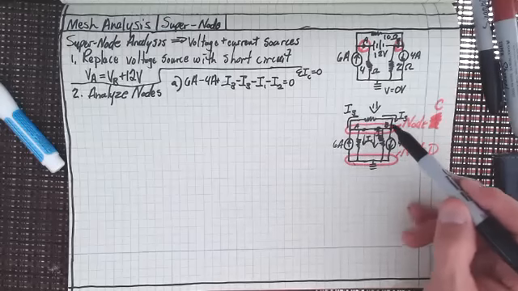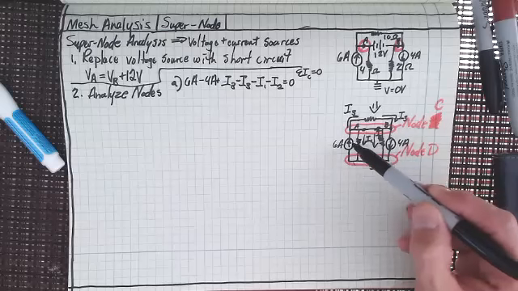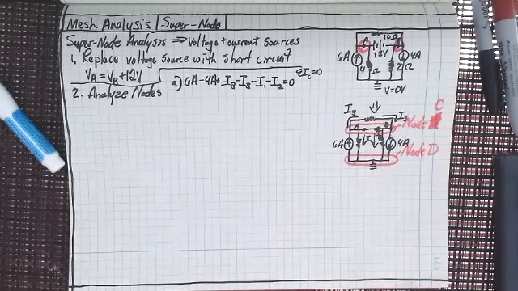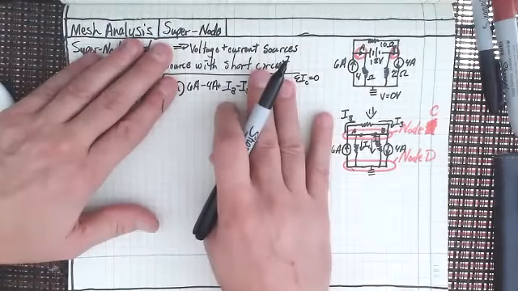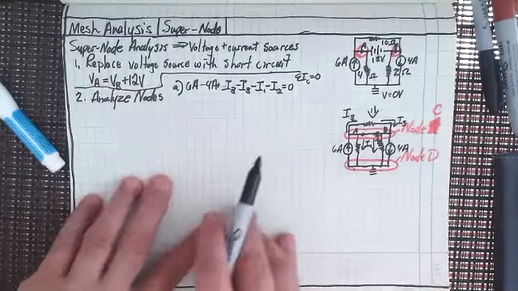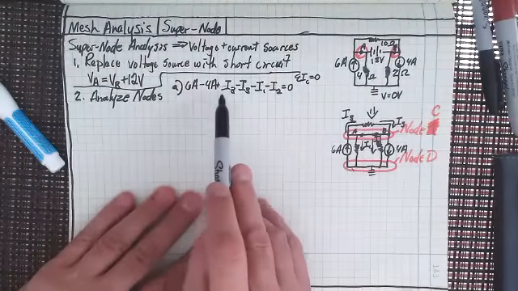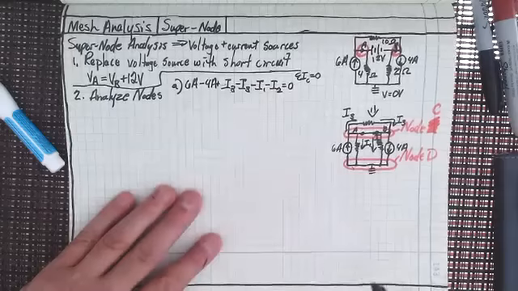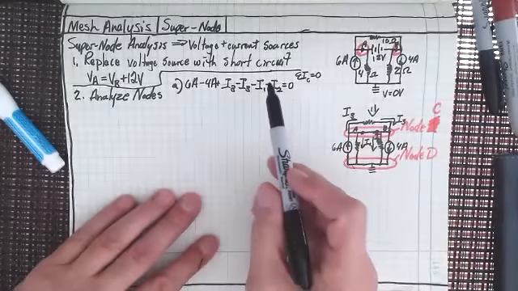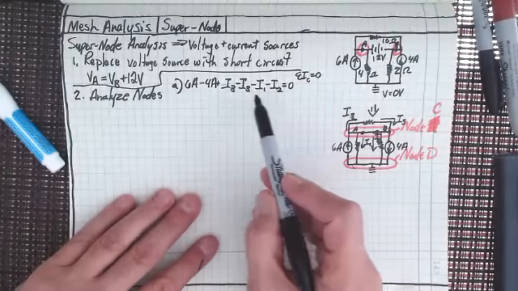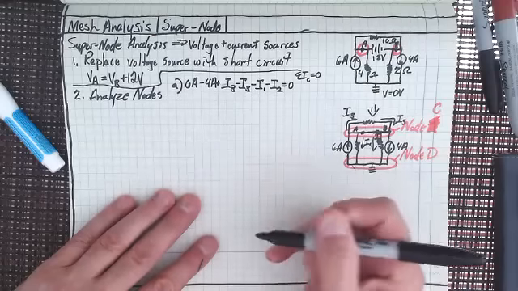So I have 1, 2, 3, 4, 5, 6 different wires connected to that node. Have we taken into account all of those? 1, 2, 3, 4, 5, 6. Yes, we have. So we've got the equation that sums up our node.